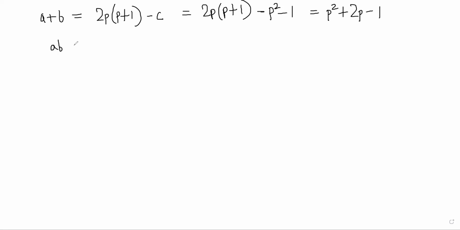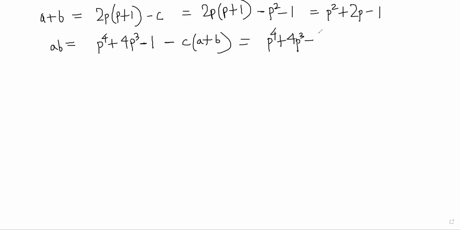And similarly, ab is equal to p power 4 plus 4p cube minus 1 minus c times a plus b. And again, we use the relations again. We get p power 4 plus 4p cube minus 1 minus p square plus 1 multiplied by p square plus 2p minus 1.